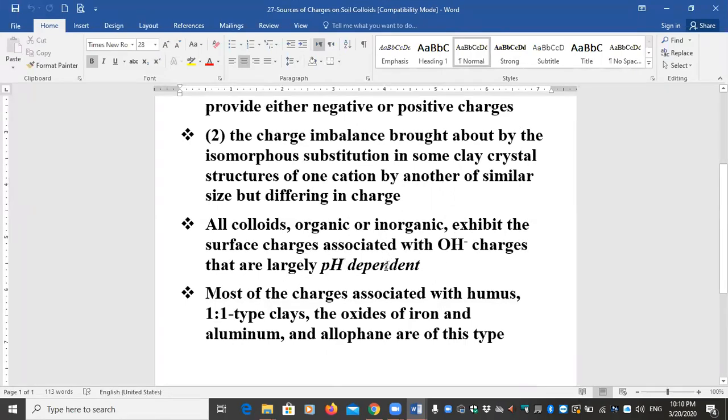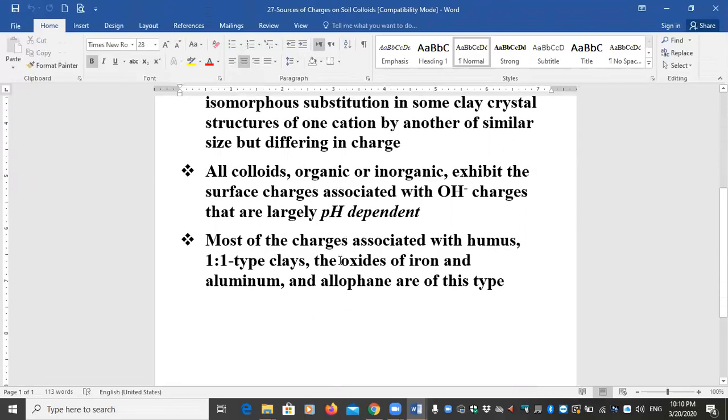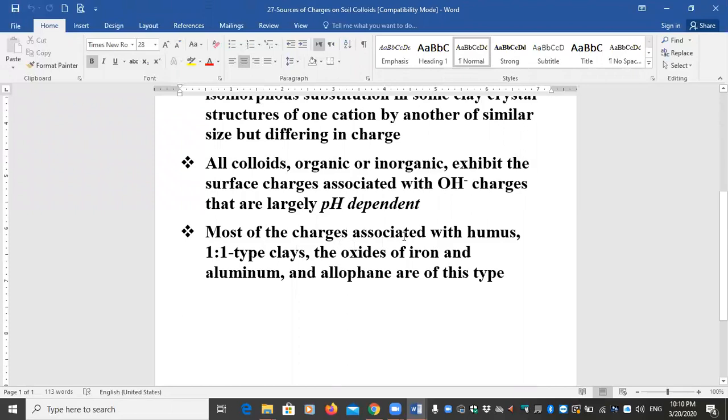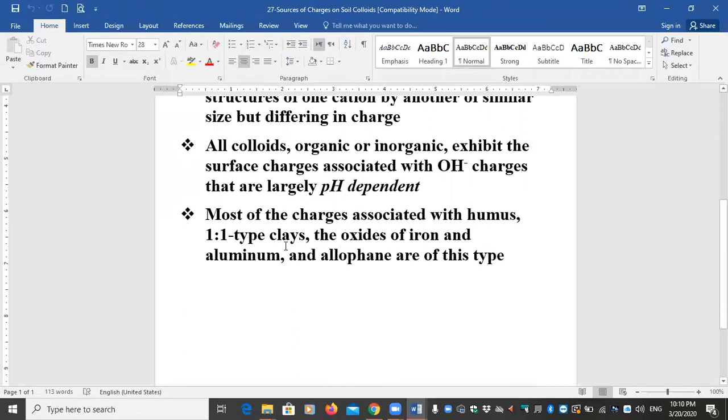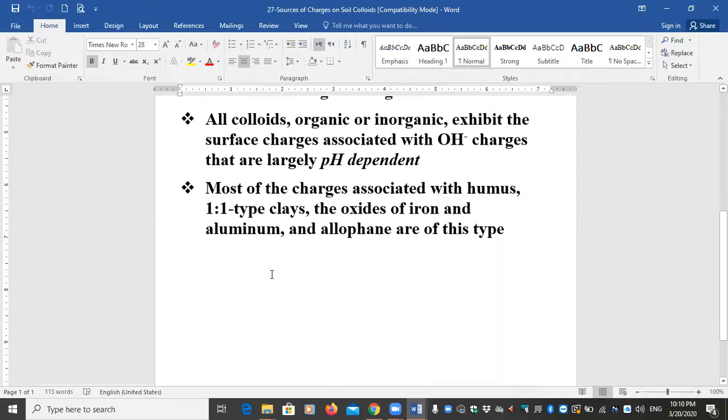So they depend on the pH of the soil, the pH of the system. Most of the charges associated with humus, 1 to 1 type clays, the oxides of iron and aluminum, and allophane are of this type. So you can notice here we don't talk about 2 to 1 clays being dominated by this type of charges. So they are mostly in this type of colloids.